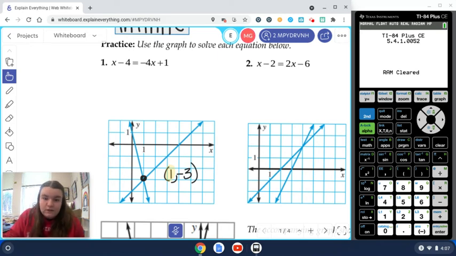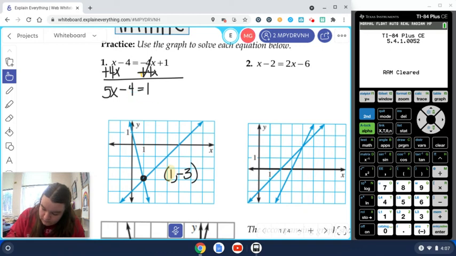So if I wanted to do this algebraically, I would add 4x to both sides to get my x's together. So I have now 5x's, add your like terms, minus 4 equals 1, and then I would add 4, and I get 5x equals 5.